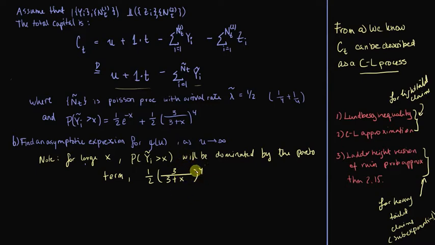Because as long as we go sufficiently far out in the tail, this decay will be much more intense than this decay. So the Pareto part of this mixture distribution decays very slowly compared to the exponential part.